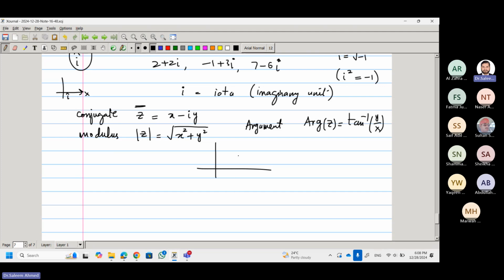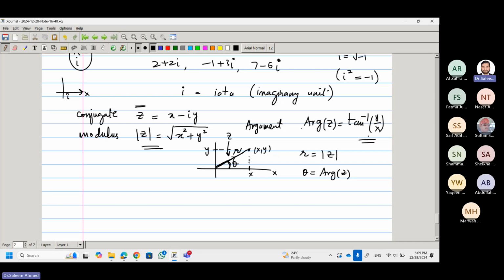So a complex number is always written like this. If this is your x and this is your y, then we call this point xy, and we can call this vector from origin to xy as z. So this is your complex number z. It has a length which is called r, and it has an angle with the x-axis which is called theta. This r, the length, is the modulus of z, which we found here, and theta is the argument of z that we found from here.